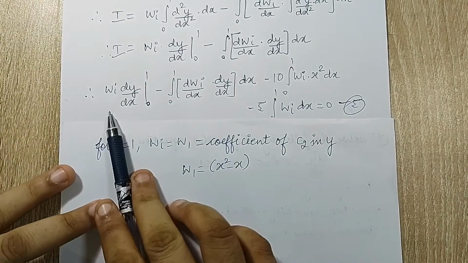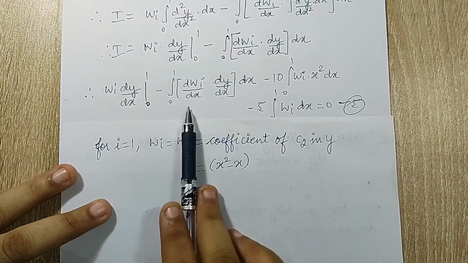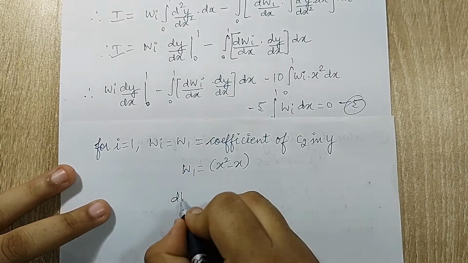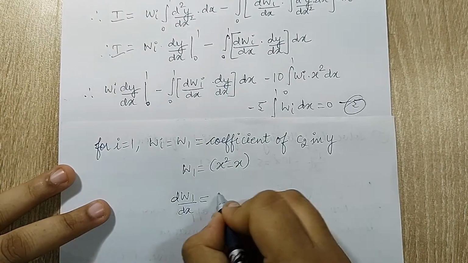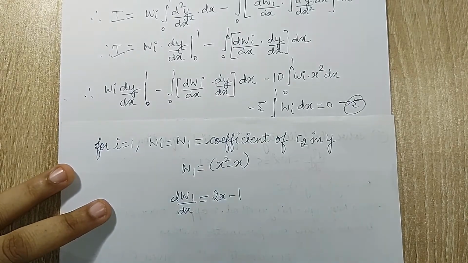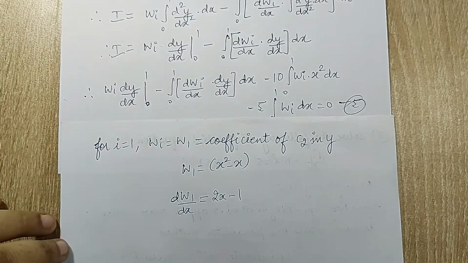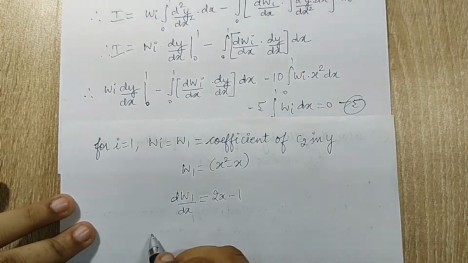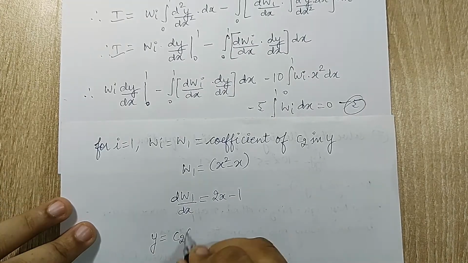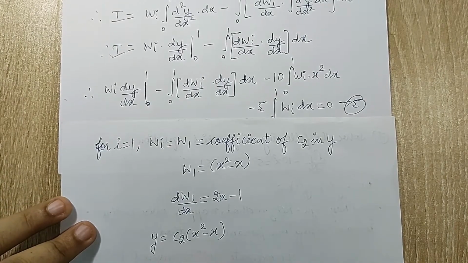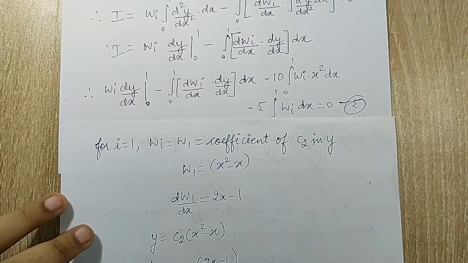I want to calculate dw1 by dx, which will be 2x minus 1. The other term which I will be requiring is dy by dx. I know y is equal to c2 times (x square minus x). So therefore dy by dx will be c2 into (2x minus 1).